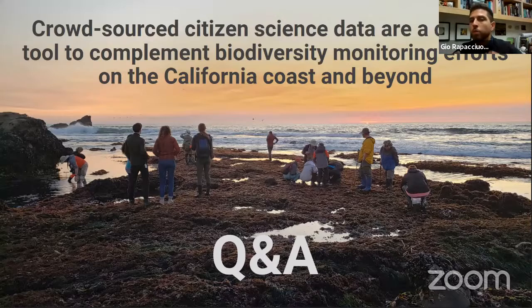But there are two types of rare species, and rare species could be aligned with interest to management, or they could just be locally rare but not necessarily threatened or of interest otherwise. But in terms of rare species, there are rare species that are really well recorded on iNat, and then there are rare species that are not very well recorded on iNat. And the difference seems to really have to do with how easy they are to find and perhaps how charismatic or how much people want to find them.